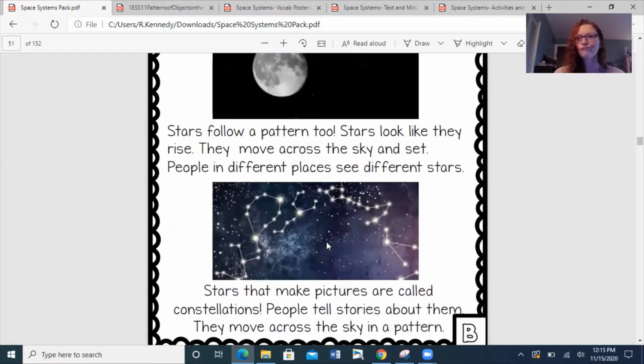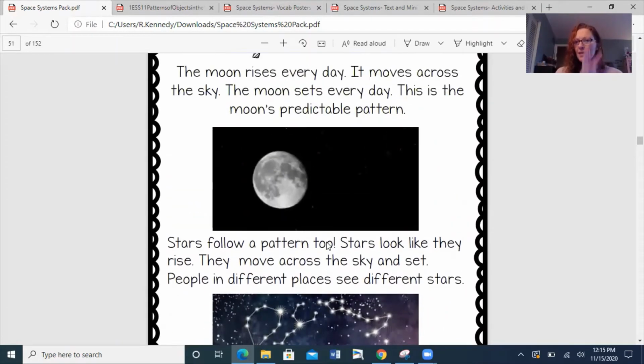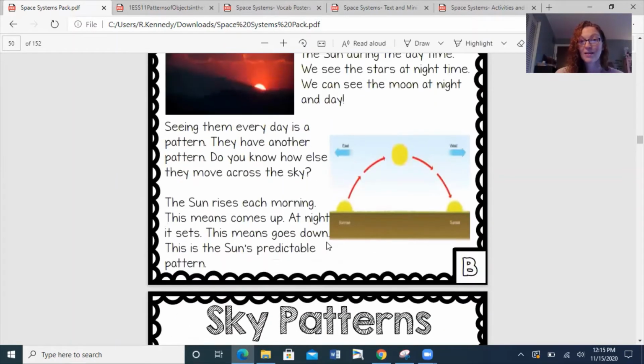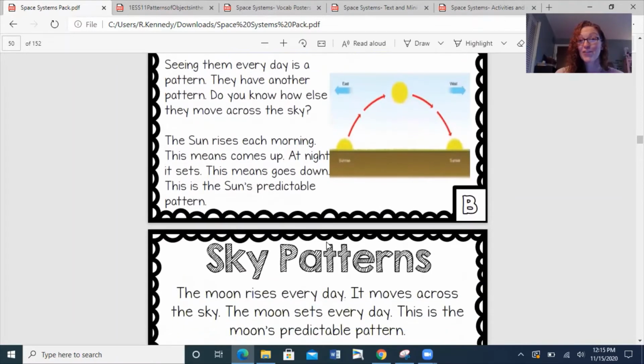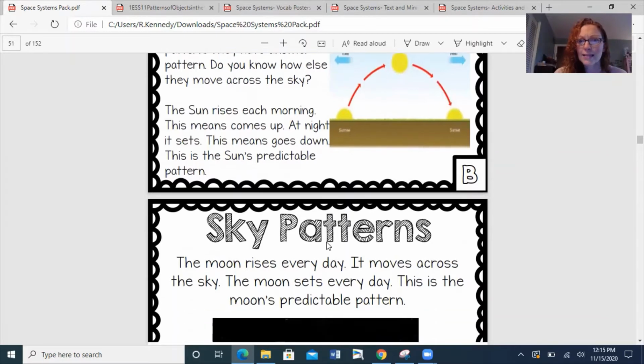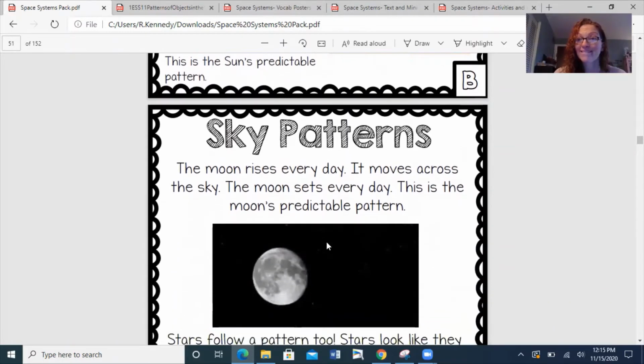Absolutely. Okay, so what are the three things that we know have a predictable pattern in the sky? Okay. There's three objects. What's one? The sun, right? The sun rises and sets. Good job. What else has a predictable pattern? I heard you say it. The moon. Absolutely.